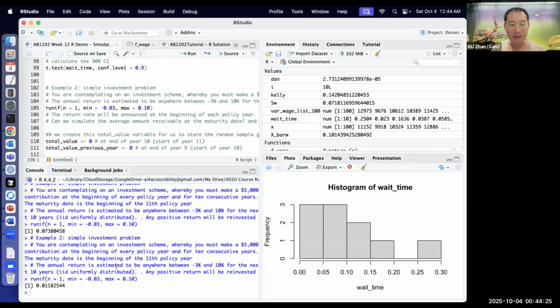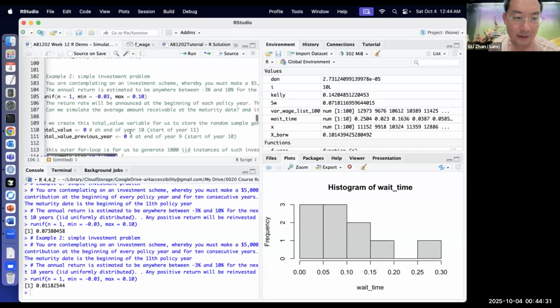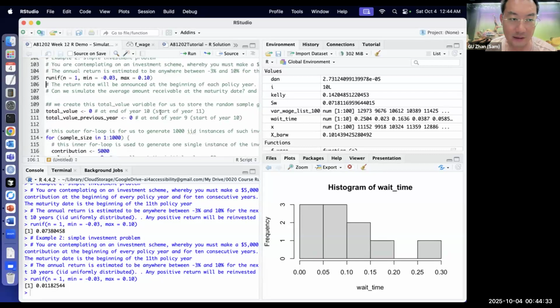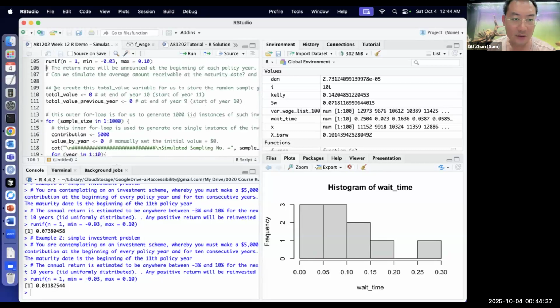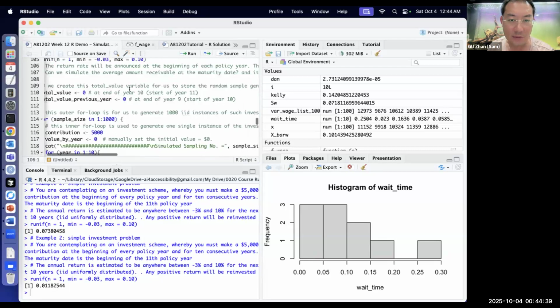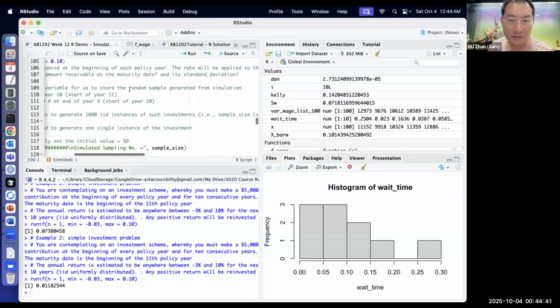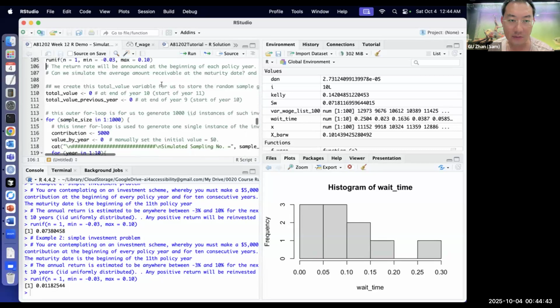So you're going to see the average return per year. We'll simulate this at the maturity date. We created this total variable for us to store the random sample generated from the simulation.